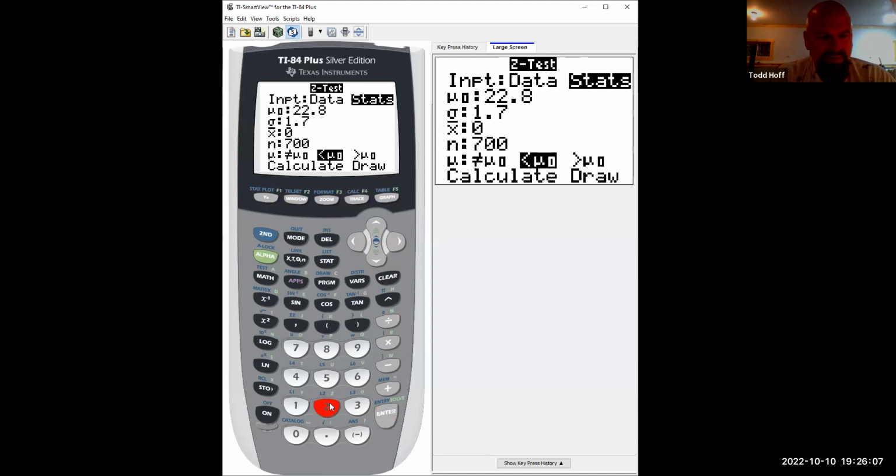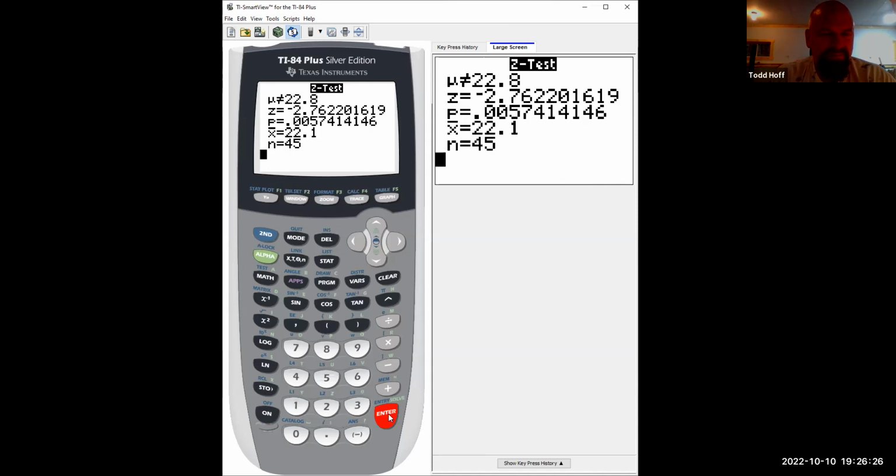The sample mean was 22.1. The sample size was 45. And next we want the alternative hypothesis. Since the null hypothesis was equal to, the alternative has to be not equal to. So that's that first option there.